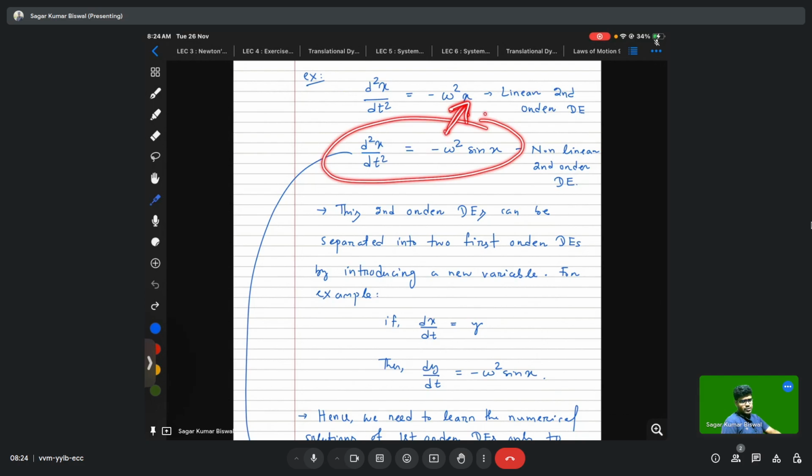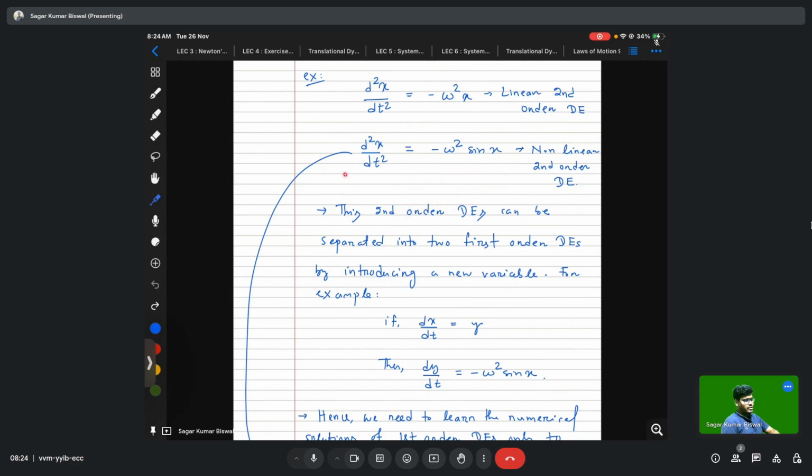So this is the exact equation, but when we solve problems, we usually assume that sin x is nearly equal to x only, because we are dealing with only small amplitude oscillations in physics. So that is why we use this approximation.